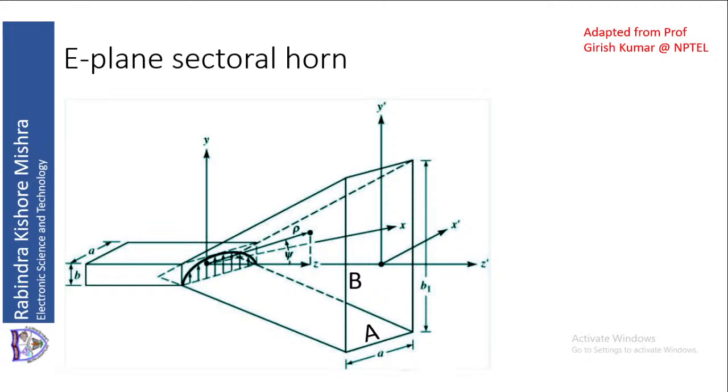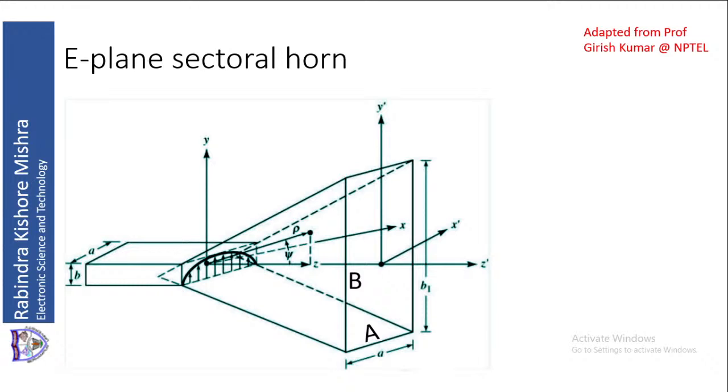So at a distance from the waveguide, maybe r or rho, we have expanded the aperture. The aperture expands at the end.